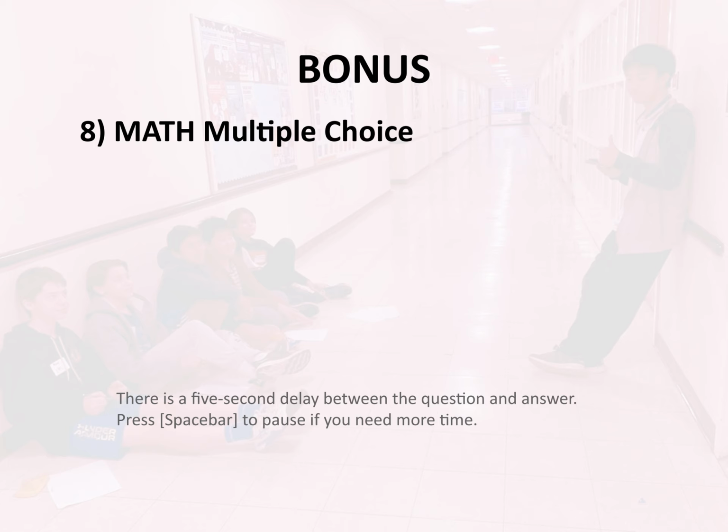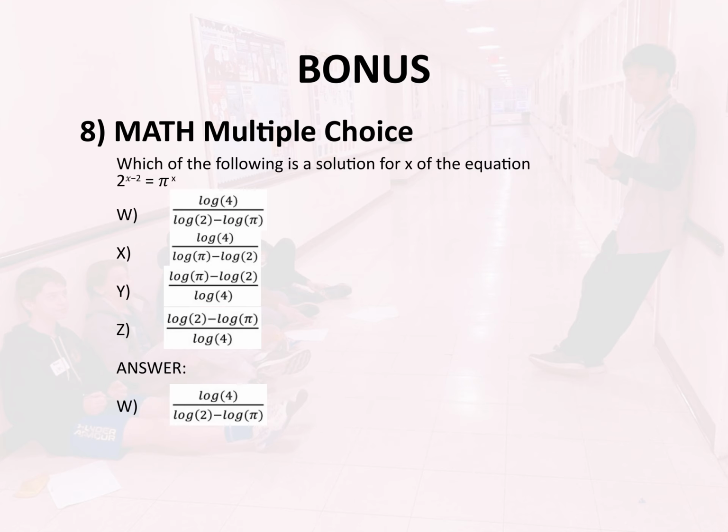Y. The fraction with numerator log of pi minus log of 2 and denominator log of 4. Z. The fraction with numerator log of 2 minus log of pi and denominator log of 4. Answer. W. The fraction with numerator log of 4 and denominator log of 2 minus log of pi.